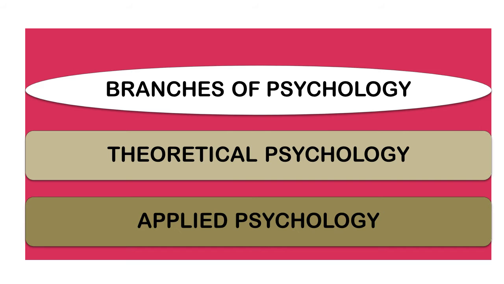Theoretical psychology is the concept-based study done in the field of psychology to understand and learn about its mechanism. Whereas applied psychology is based on applying and diagnosing the psychology of the human mind, animals, etc.